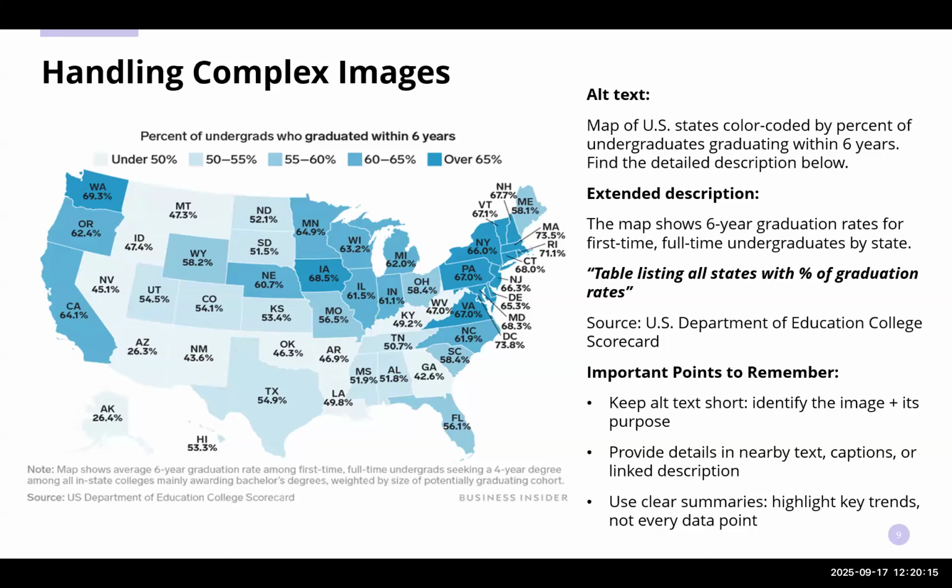So what is the bottom line here? Alt text is not meant to do everything. Its goal is to introduce the image and explain why it matters. The rest, like detailed data or extended description, should be present elsewhere in a way that is easy to find. Next slide, please.